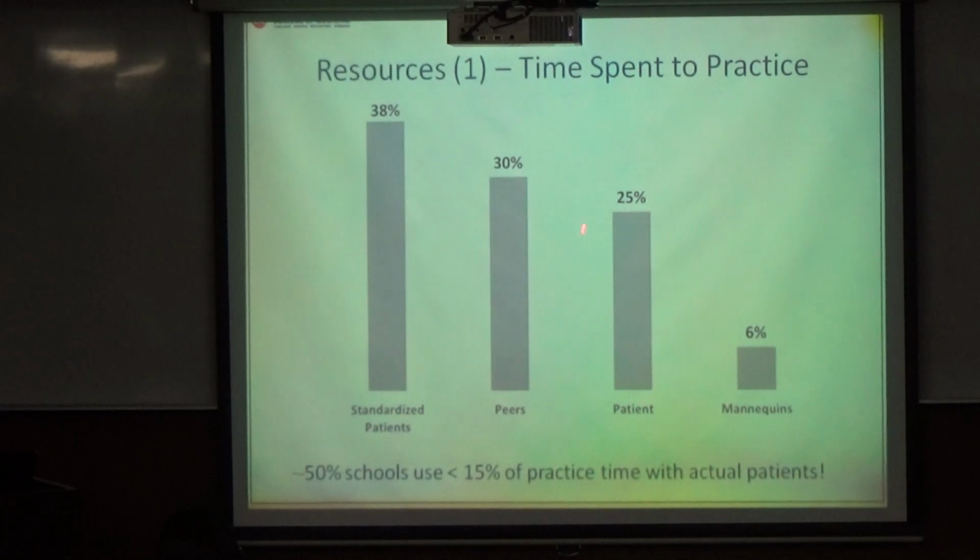I think the real patient figure was a bit skewed, because about 50% of the schools used less than 15%. So this is the average, but at the other end, it's less than 15%. Generally, most of the students practice with simulated or standardized patients.